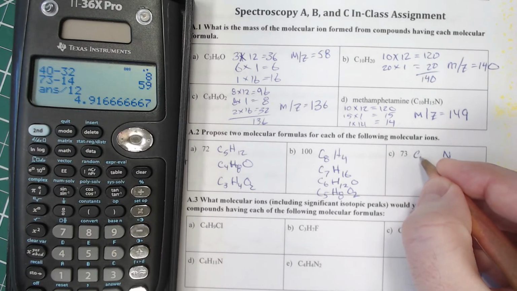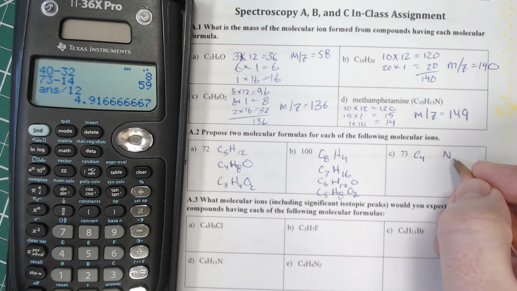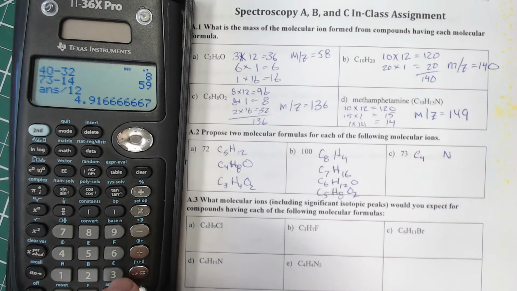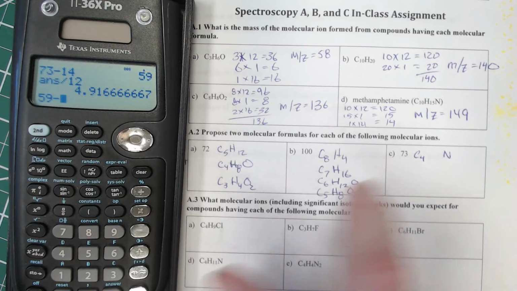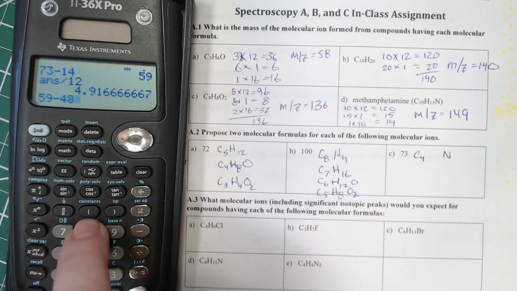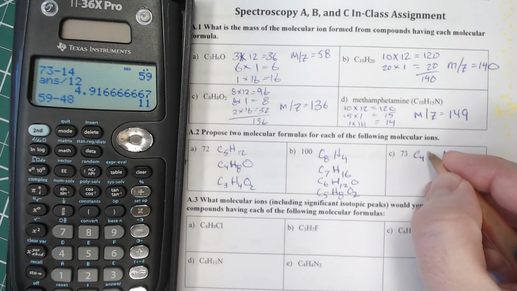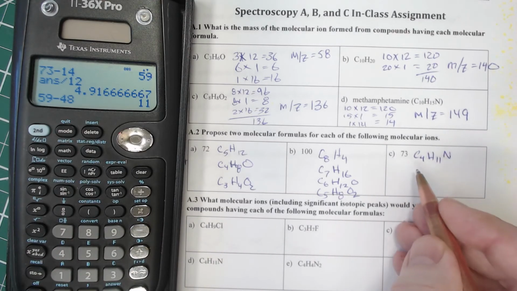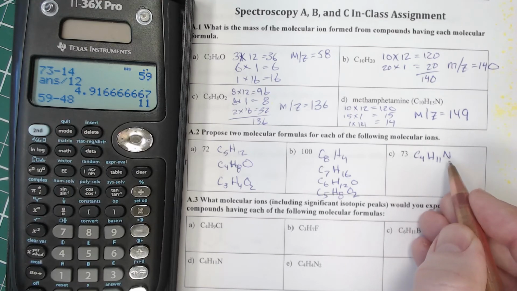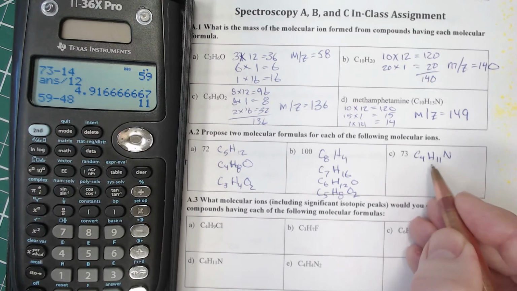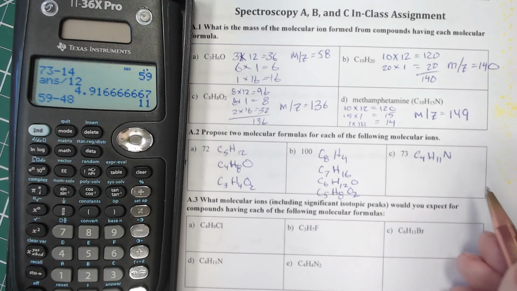So we'll do C4 and 1 nitrogen. 59 minus 4 times 12 is 48, and that gives us 11 hydrogens. C4H11N. Remember, you can have an extra hydrogen in there because of the nitrogen, and butylamine would have that formula. So that would be an example.